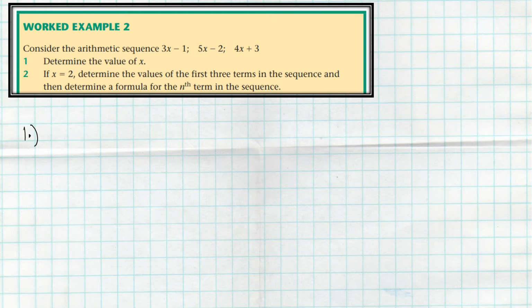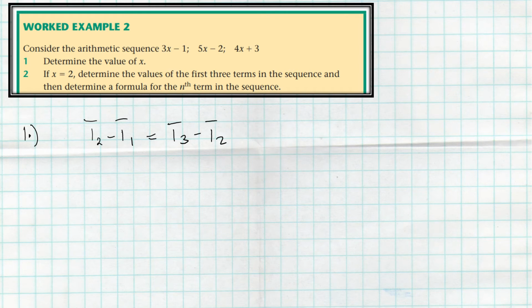You have to know the properties of an arithmetic sequence, and one of the properties is that we have a common difference. The difference between the terms is the same. What are we saying? We are saying that term 2 minus term 1 is the same as term 3 minus term 2.